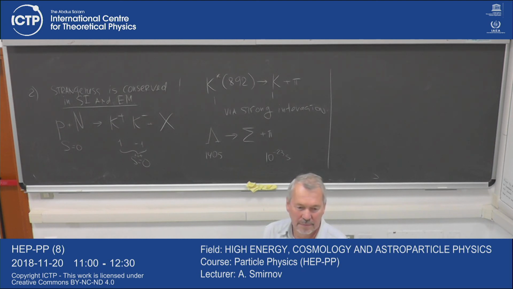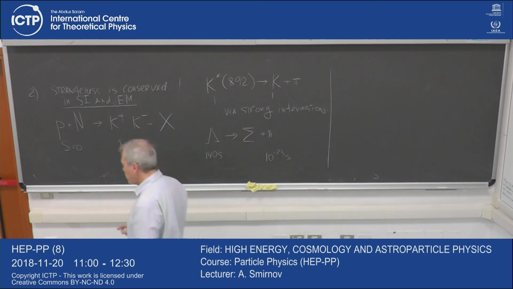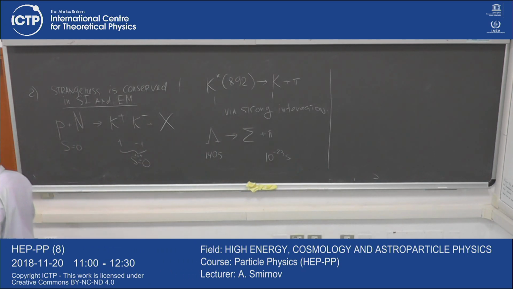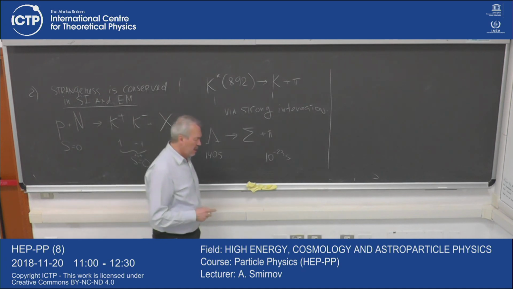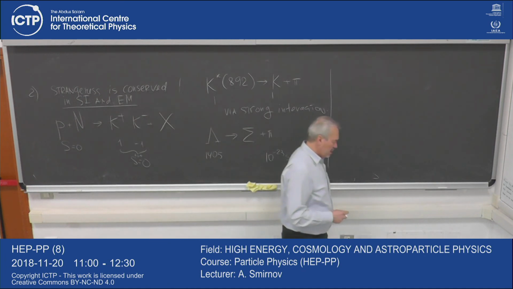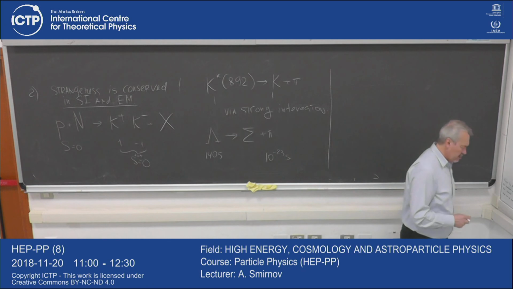By this time, did they think about why this quantum number exists, and which symmetry leads to it? Well, I think that started quite soon, because people started to make a classification of particles. Maybe not immediately after strangeness was introduced.